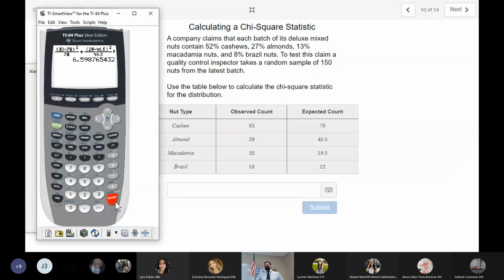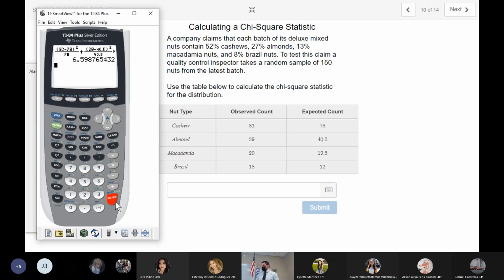If I round to 2 decimal places, 9 rounds up to 10, which makes it 6.6. If I round to 1 decimal place, it is also 6.6. So make sure you're rounding correctly.